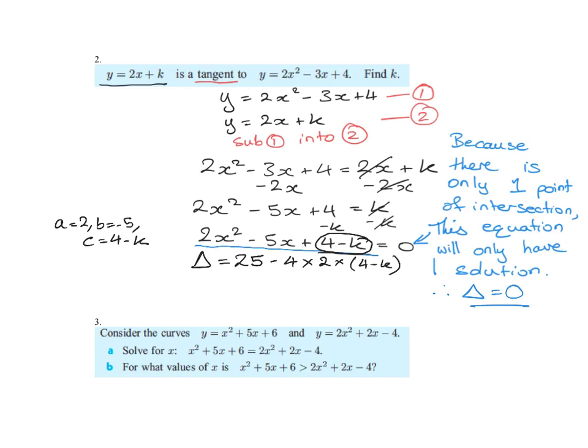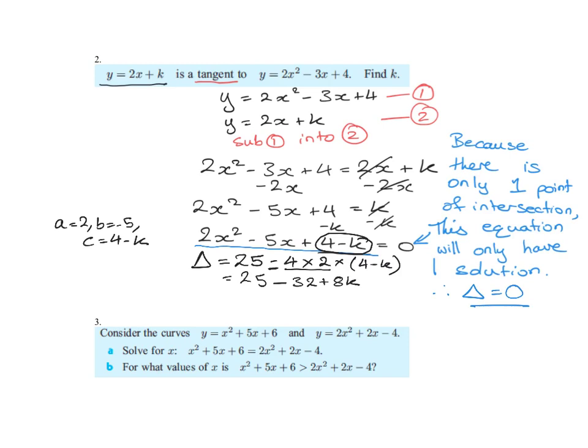Notice I use brackets there to make sure I multiplied the 4 and the k. So I get 25 minus, okay, this here is 8. So 8 times 4 is 32. And 8 times negative k is negative 8k. But remember, you got this minus as well. So negative 8k is positive 8k, sorry.